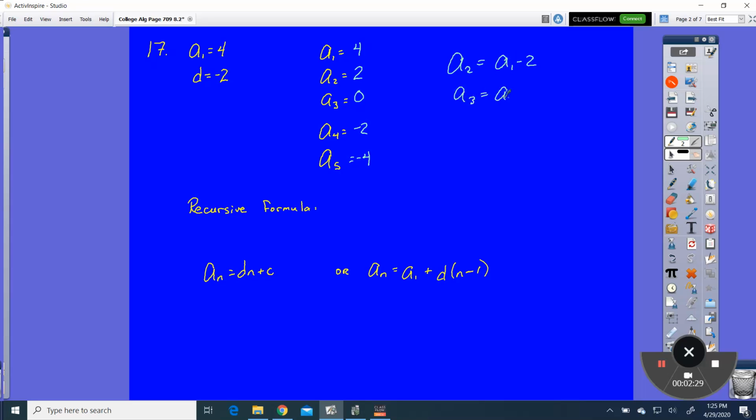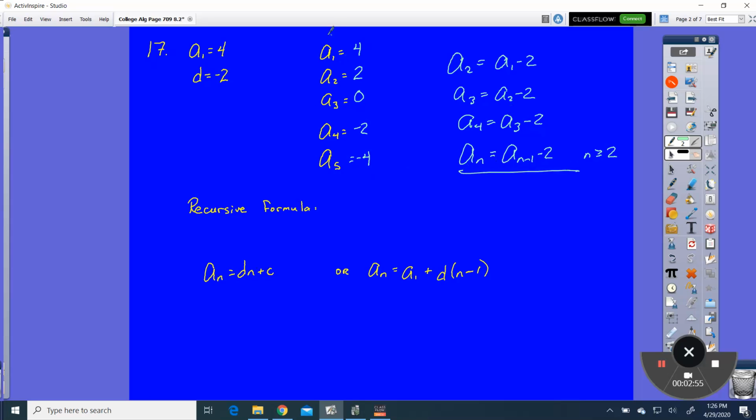A3 is 2 less than the second term. A4 is 2 less than the third term. So the general recursive formula is whatever this number is, it's 1 less over here, minus 2. And we know that we have to start with n greater than or equal to 2. We have to have a starting point. Okay, so that's the recursive formula.